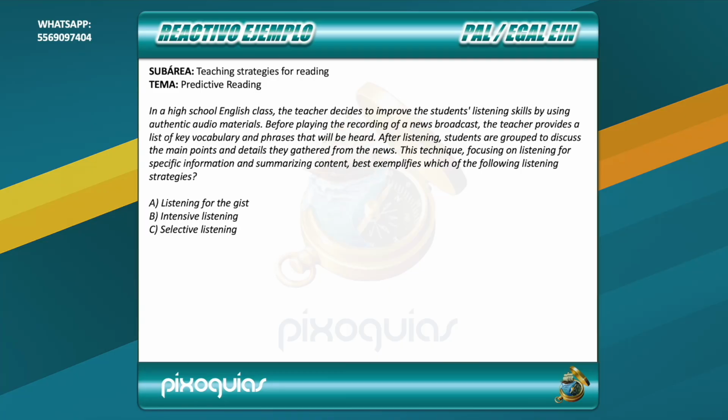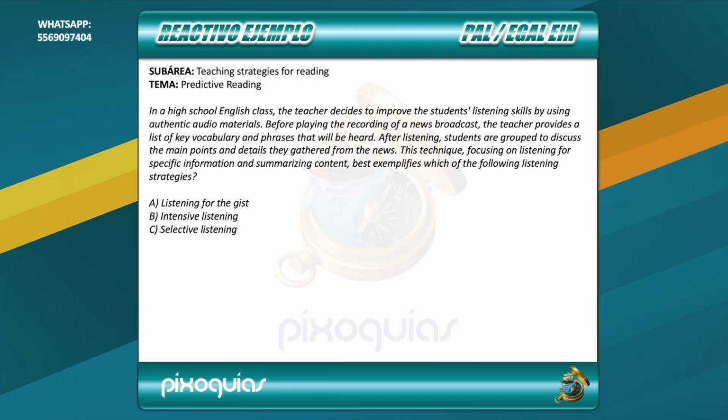Before playing the recording of a news broadcast, the teacher provides a list of key vocabulary and phrases that will be heard. After listening, students are grouped to discuss the main points and details they gathered from the news, and this technique, focusing on listening for specific information and summarizing the content, best exemplifies which of the following listening strategies: A.